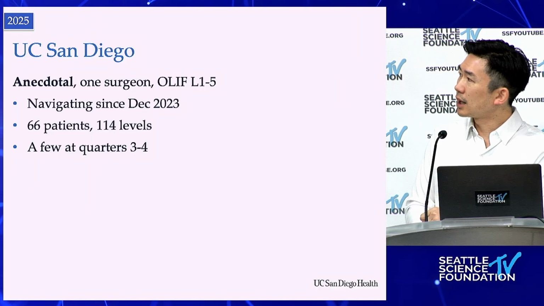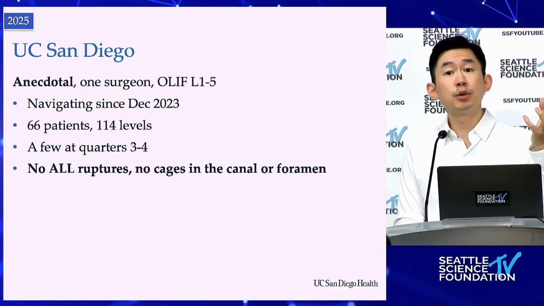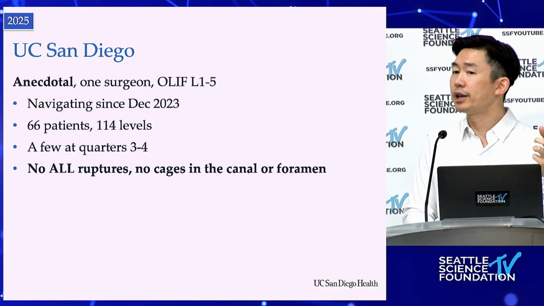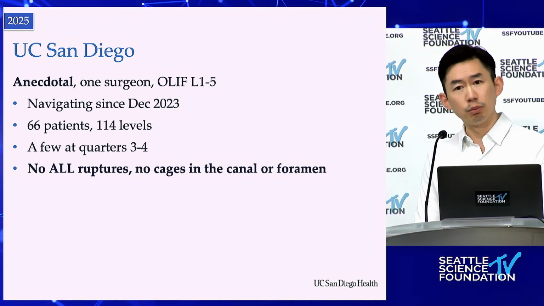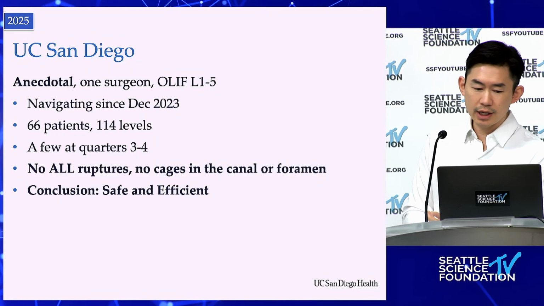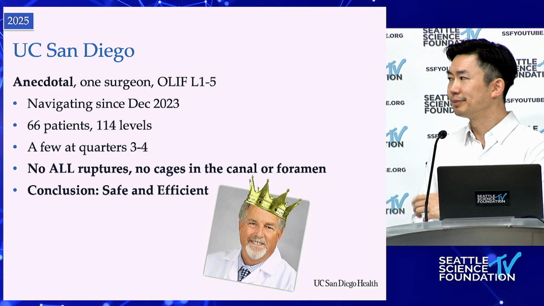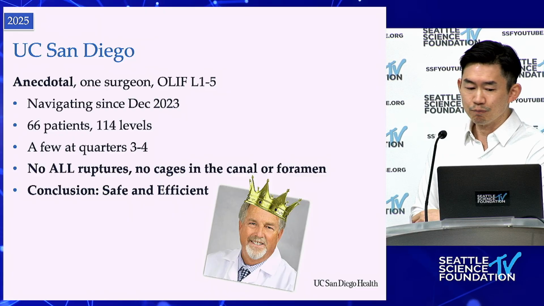Sometimes I left it, sometimes I repositioned it. But more importantly, and the big question that I always had, I was never so anterior that I ruptured the ALL. I was never so posterior or oblique that I was in the canalar foramen. And so, my conclusion was that it was safe and efficient, and Bill was right. And so I continue to use navigation for this.